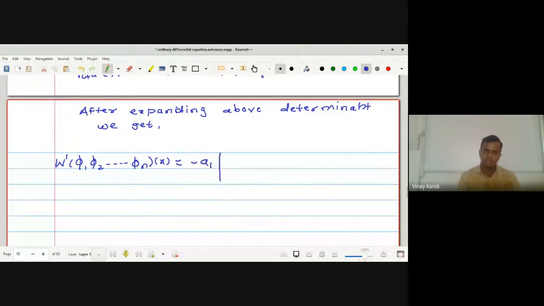Okay, now first determinant: phi 1 of x, phi 2 of x up to so on phi n of x.